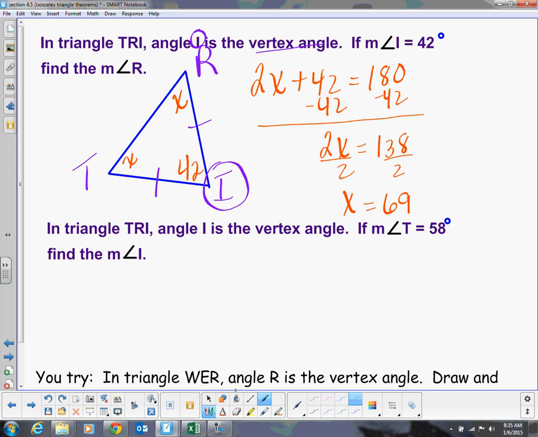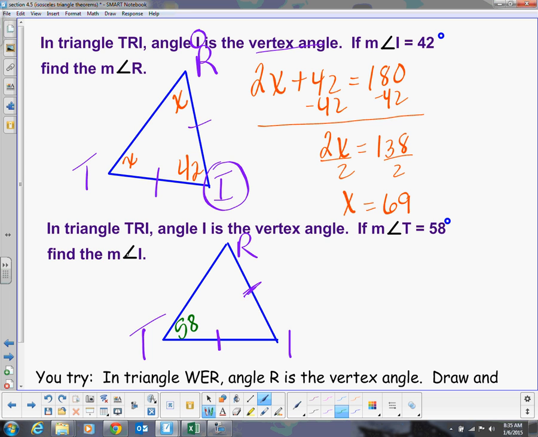All right, how else could I give this to you? So I've kept the vertex angle where? I switched it on the worksheet. So I is the vertex angle. So the first thing you want to do is mark your diagram. T now is 58.